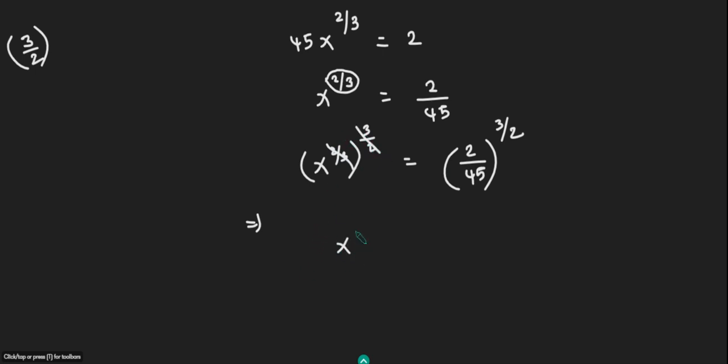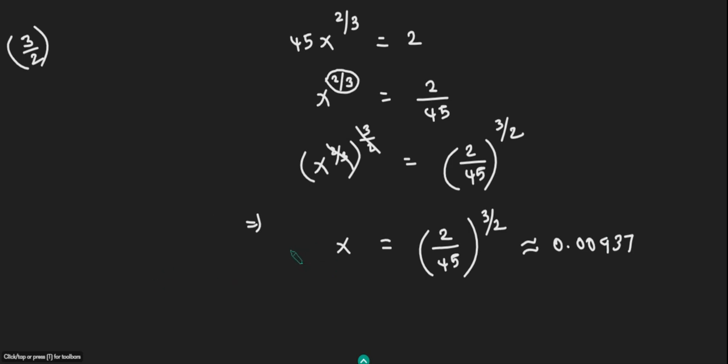So we get x raised to the power of 1, which is x, and this equals (2/45)^(3/2), which is approximately equal to 0.00937.